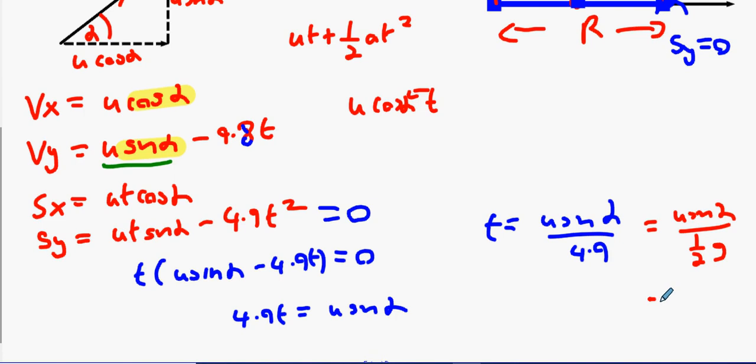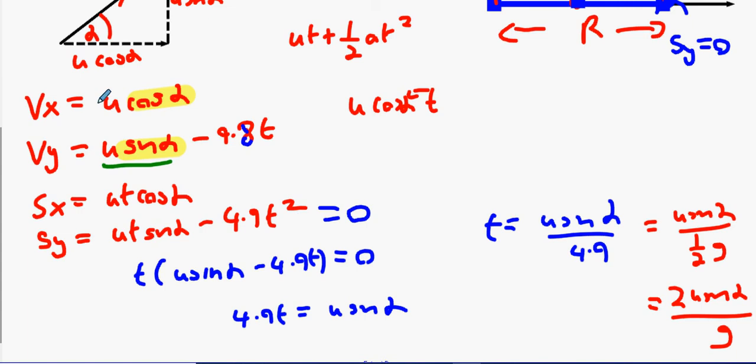And then I'd argue that that's the same as 2u sine alpha over g. They're actually the same thing, aren't they? So some of the solutions you might see done at home, I pretty much give up on 9.8 and 4.9 now. I start using gravity instead. Is that okay?